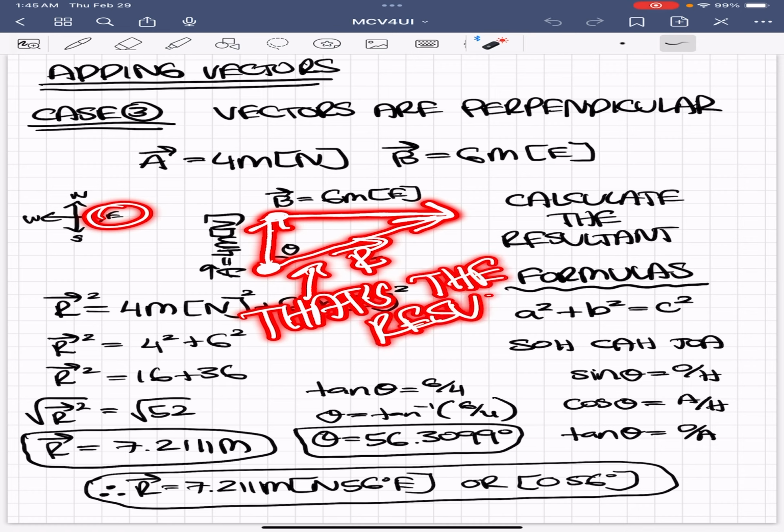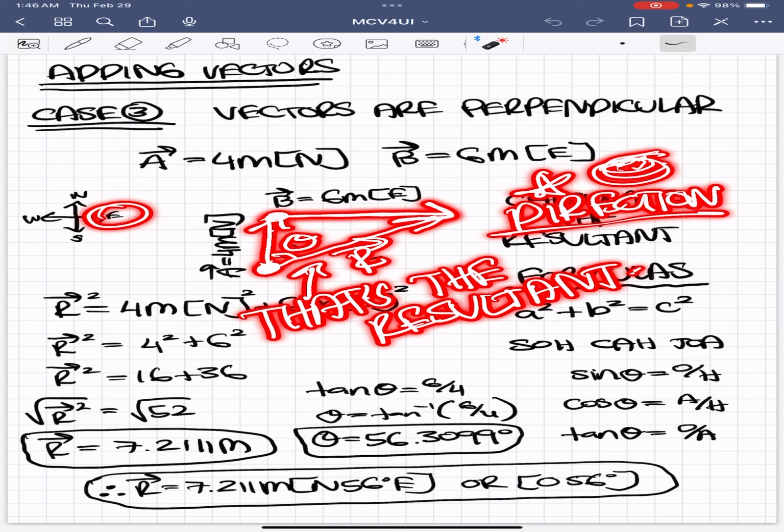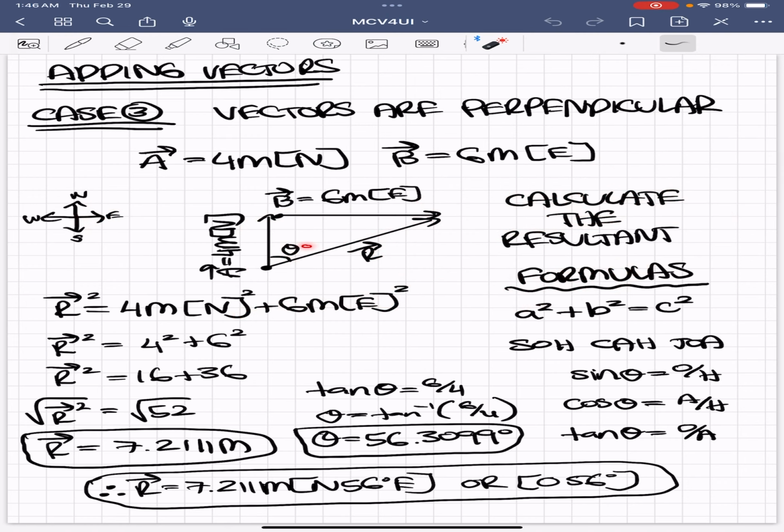That is what we are calculating with the Pythagorean theorem. And then we're going to find this angle in here, and that's the direction of the resultant. That little symbol right there just means angle.